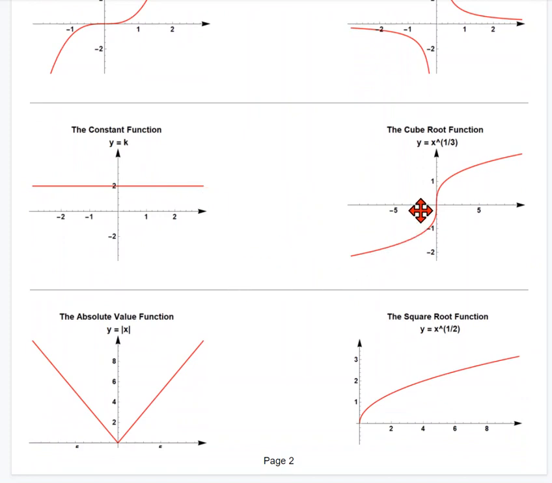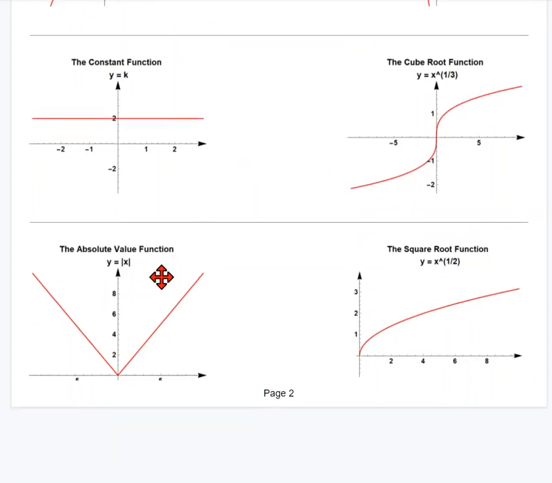We have this cube root function that looks a little bit like an s, and there's going to be another function called the arctangent function that we look at later on this year. It's going to look very similar to this cube root function, but it is important to note that this cube root function is unbounded. Its range is all real numbers, and so is the domain. Lastly, we have the absolute value function, whose outputs are always positive, giving us the magnitude.